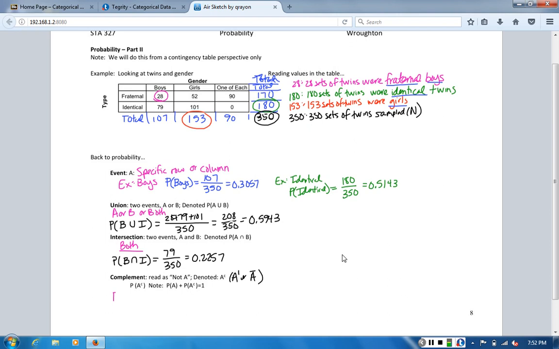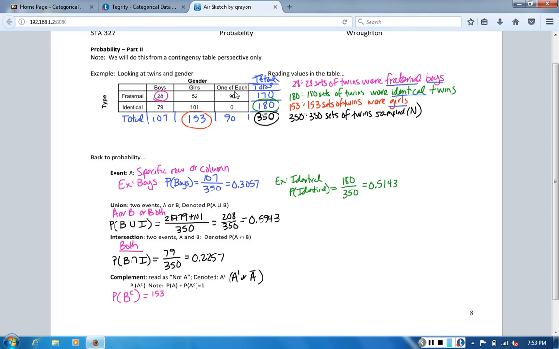If I wanted to find the probability of boys complement, basically that's anything but being boys as gender. So that's going to be being girls or being one of each. It includes anything that's not both boys. So I'm going to take all the girls and all the one of each and add those together.